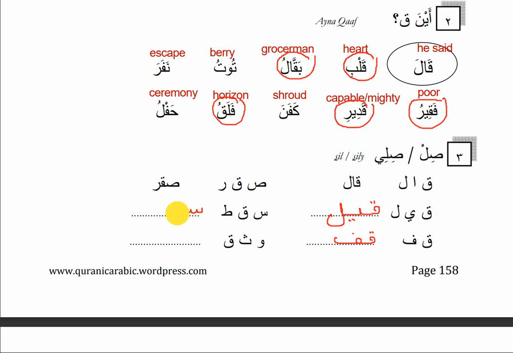Sin, qaf is joined from both sides. Now, if you want to write ta, what are you going to do? How are you going to write ta with qaf joining? Let's see. Sin, qaf.